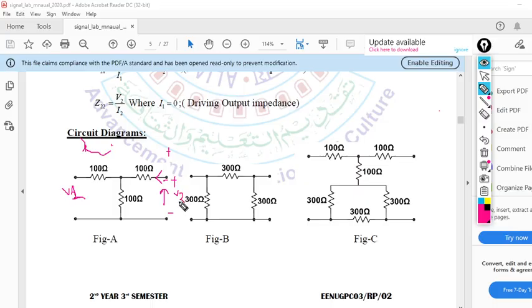So V2 is 10 volt, and we'll measure V1. The same way we'll put it here: red jack here, black jack here, red port here, black port here, and we'll measure this V1.